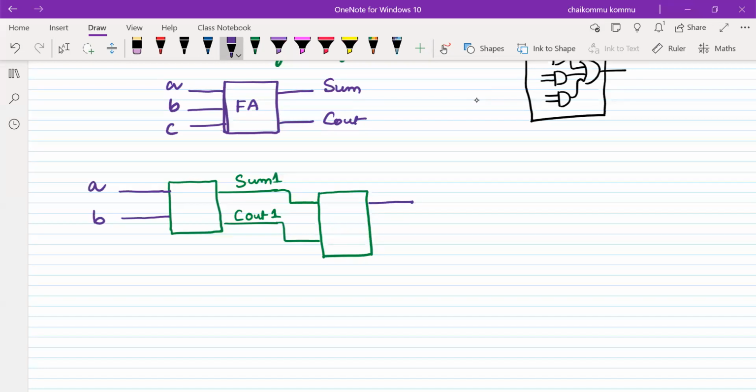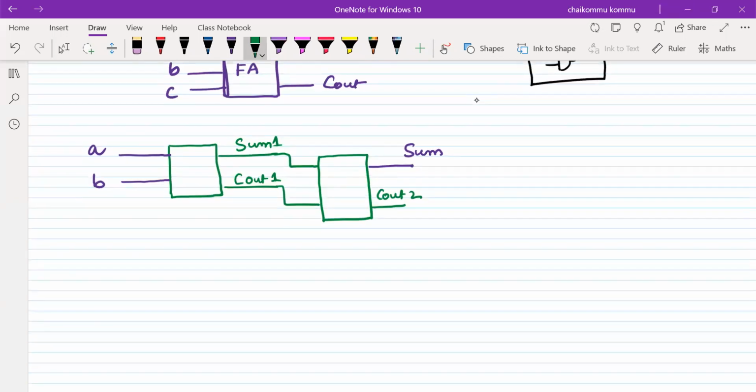Next, this is called the sum signal. We are taking the carry signal. Carry cannot come directly. This is called CO2, for example. I'm going to use one OR gate here, connected from the carry of this one, and take the carry. Sorry, I'm extremely sorry, this is not connected here.